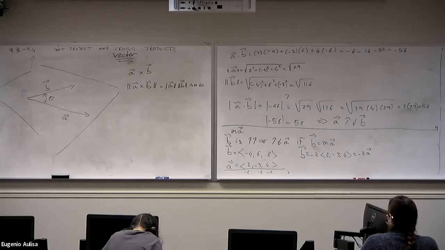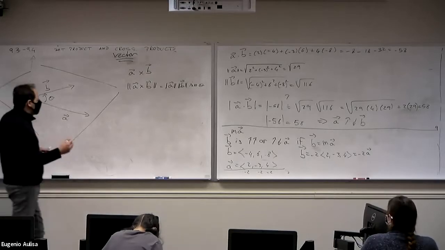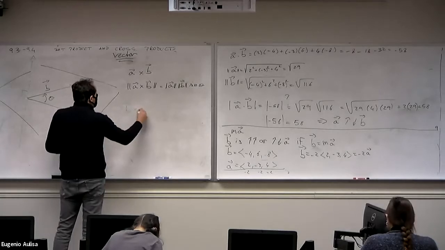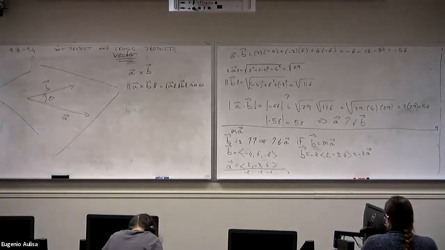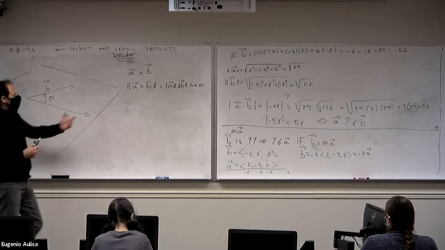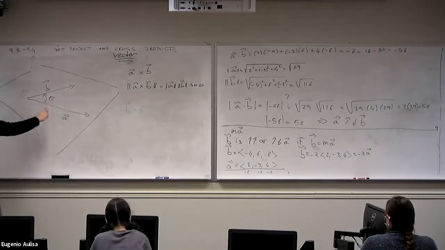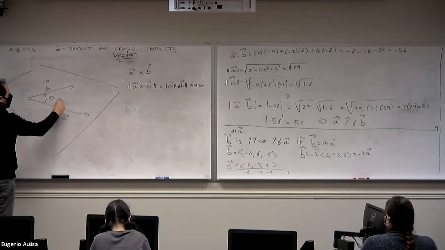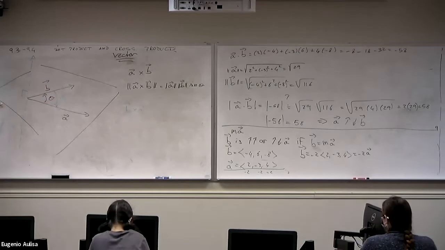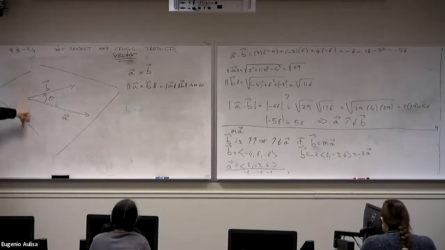Now, first thing, B cross A. When we do B cross A, what changes? Not the length; the length is exactly the same. Not the plane; the plane is the same. And now theta, let's call it phi, is going to be the angle that goes from B to A. So it's oriented the opposite way. So if you do the same trick with your right hand, you're going to go from B to A and it is going to point down.